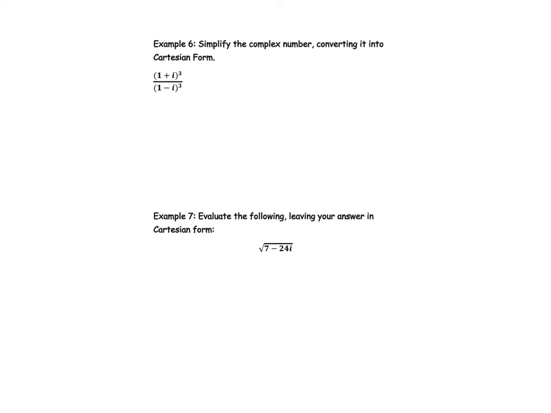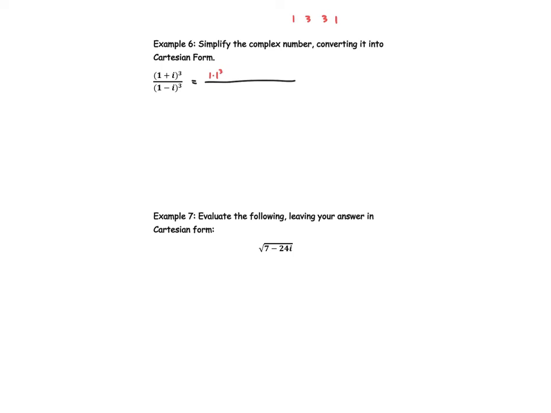Let's expand each individually. I'm going to do the numerator here. I'm going to use my knowledge of Pascal's triangle. So this will be, of course, to the third. I'm going to use the row 1, 3, 3, 1. This is row number 3 in Pascal's triangle. I'm going to use it for both, actually. So my first term will be 1 times 1 to the third times i to the 0.